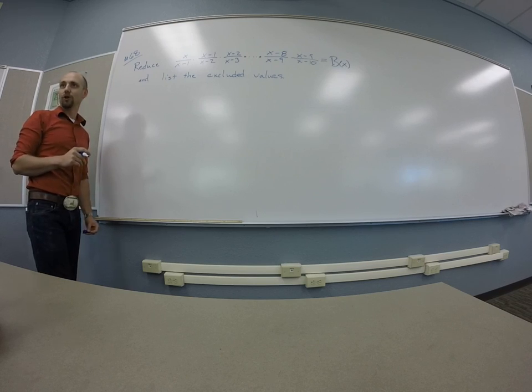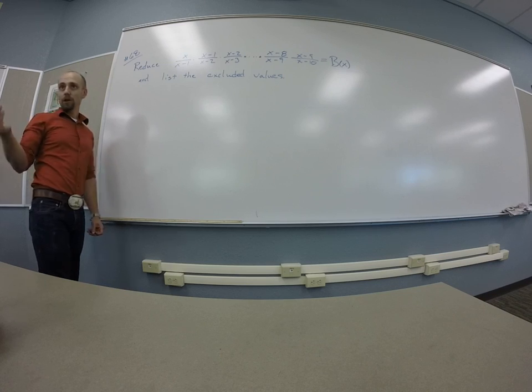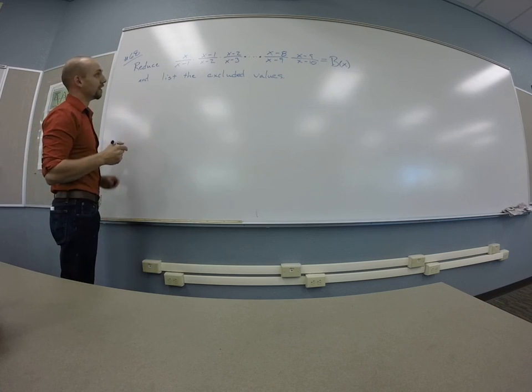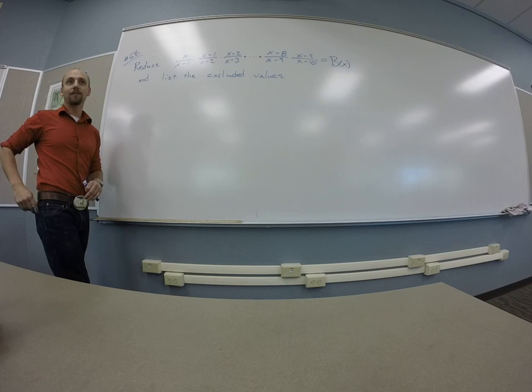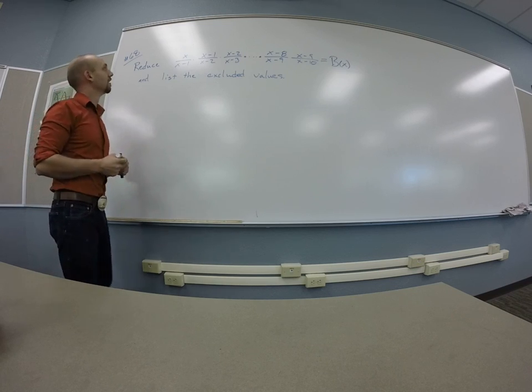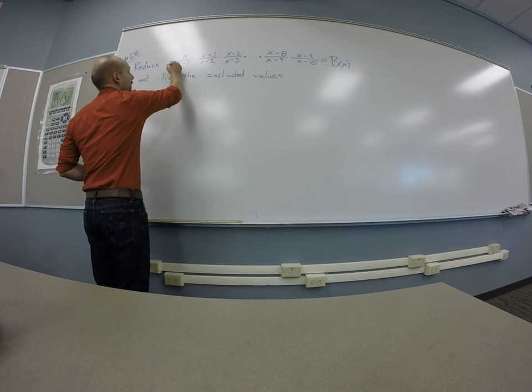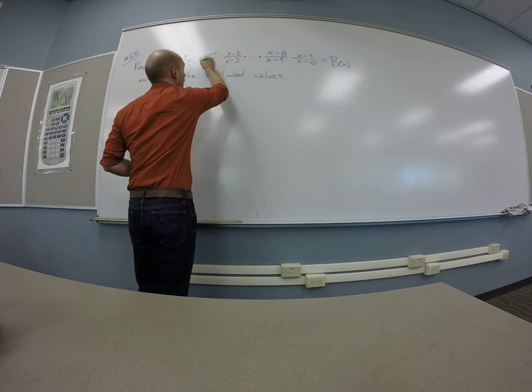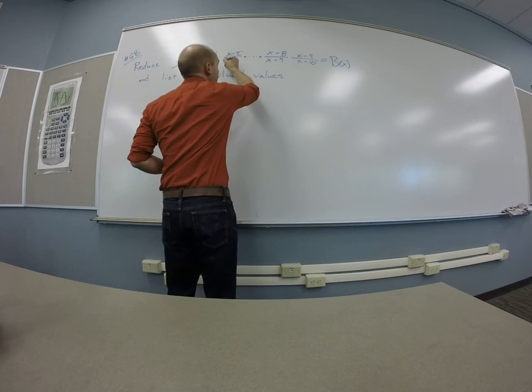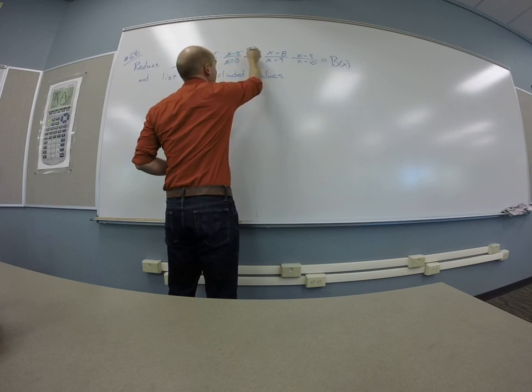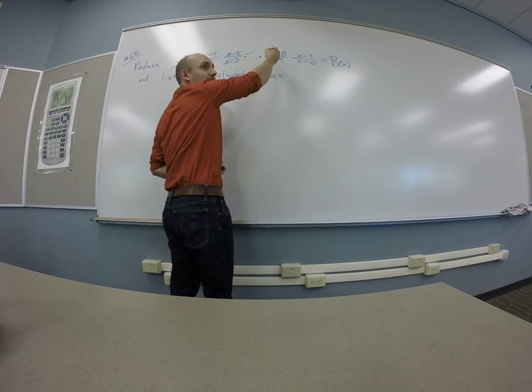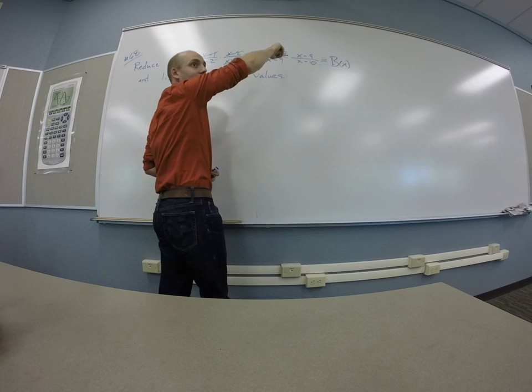When you want to punch a bunch of holes in something, this is how you do it. So let's see. If we just start crossing stuff out, I'd cancel this and this, and this and this. And 3 and 3, and that and the 3, and then there's a bunch of these. Is the x minus 8 going to get canceled?